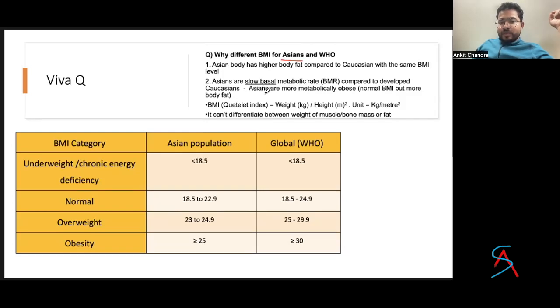So Asians are more metabolically obese with a normal BMI, but more body fat. That's why they try to say to use the Asian classification for BMI. But these days, you will see the WHO global classification is again being used more often. So you have to remember both cutoffs, and they will ask you what the formula is.